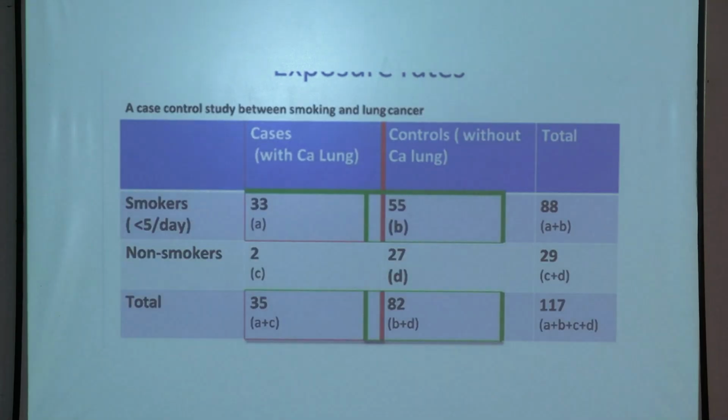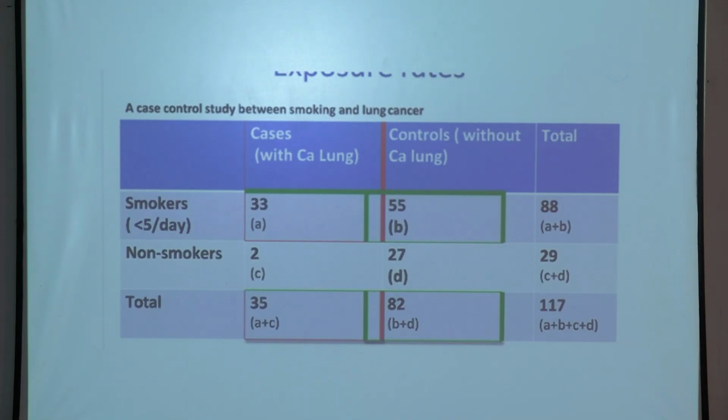Among the controls, remember, there are also people who have got cancers. How many have got cancer among the controls? 55.